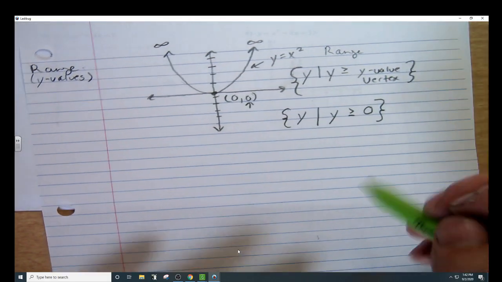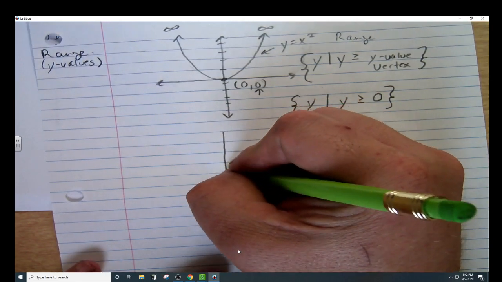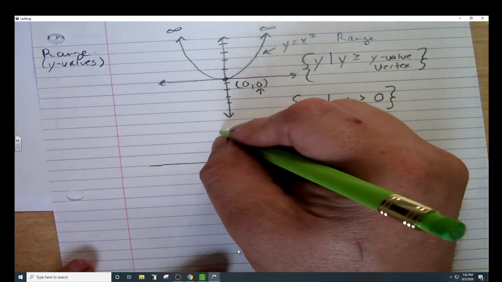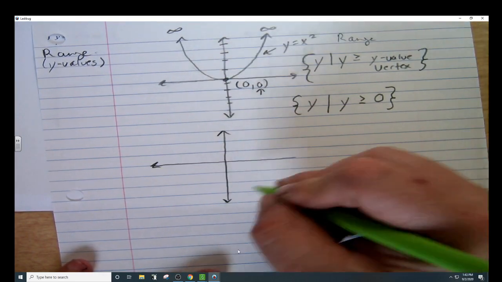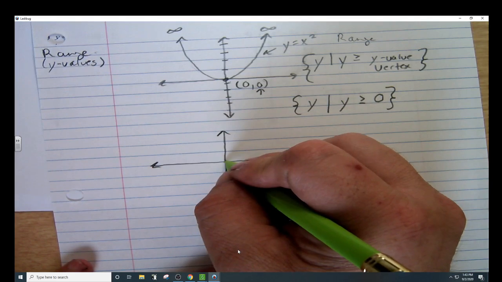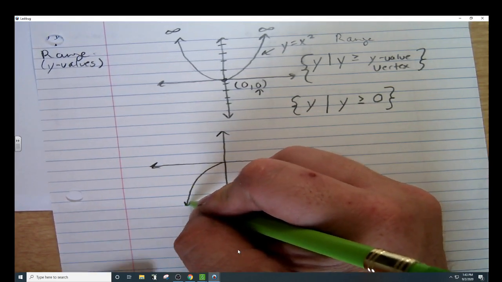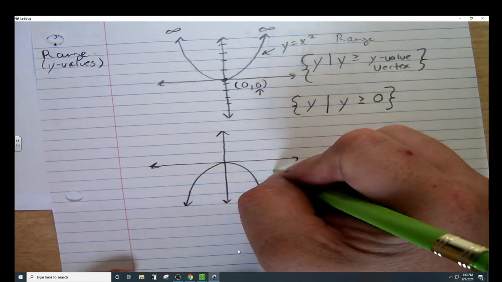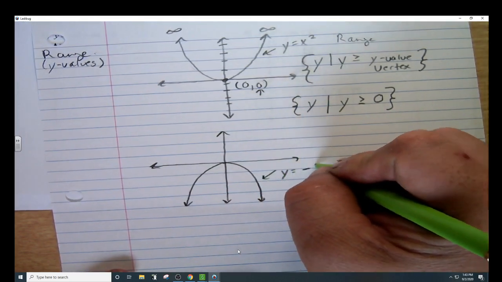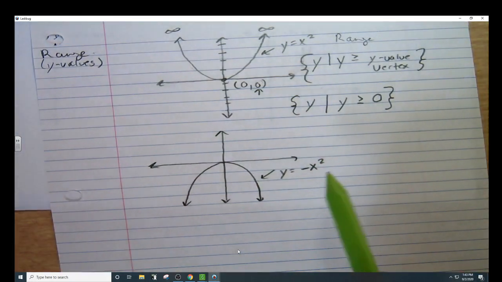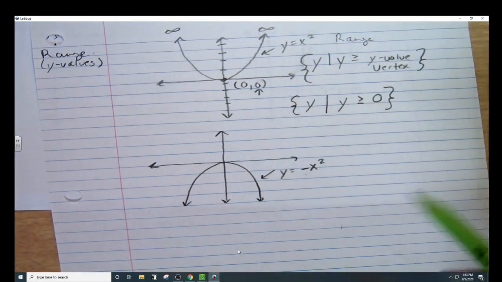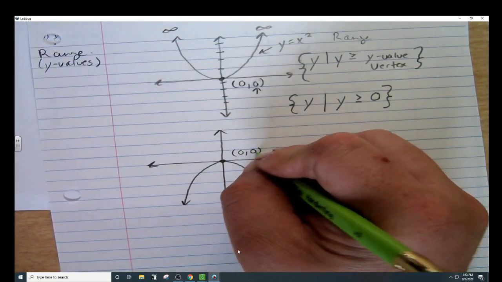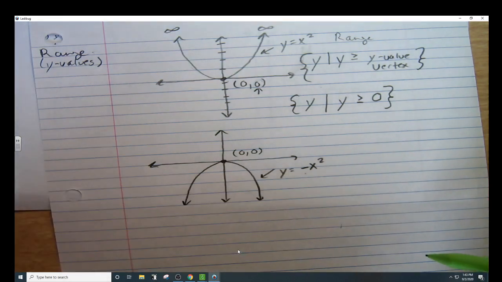Now, what if we have one that opens down? The domain doesn't matter if it opens up or down, but the range does. Say we have the parent function reflected down, which would not be a parent function because when it's reflected down, that's a transformation. This is y equals negative x squared. The only thing different is this negative out here that makes it reflect down. The vertex is still (0, 0), but this is a maximum point, or the highest point of your function.